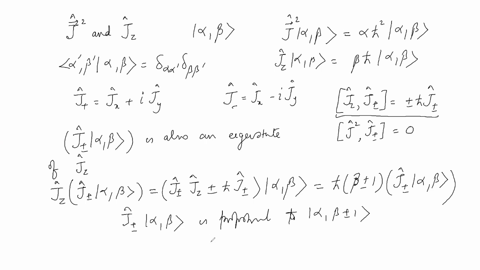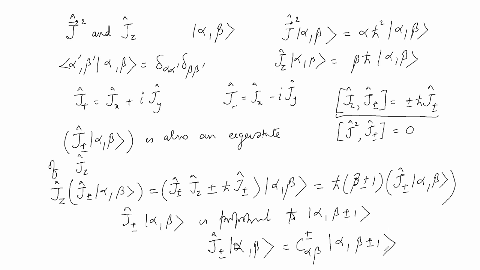Since there is a proportionality, we remove the proportionality sign by introducing a constant, which we shall determine later today in the lecture, C alpha beta, so that J plus minus alpha beta equals C alpha beta times alpha beta plus minus 1.